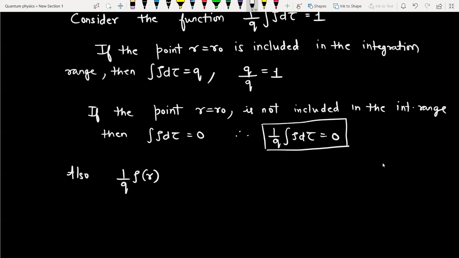Now this function is 0 everywhere except at r equal to r naught. Because everywhere except at r equal to r naught there is no point charge kept, and if there is no point charge kept, basically there are no charges, so this rho of r is also 0. So this entire expression is 0 everywhere except at r equal to r naught.